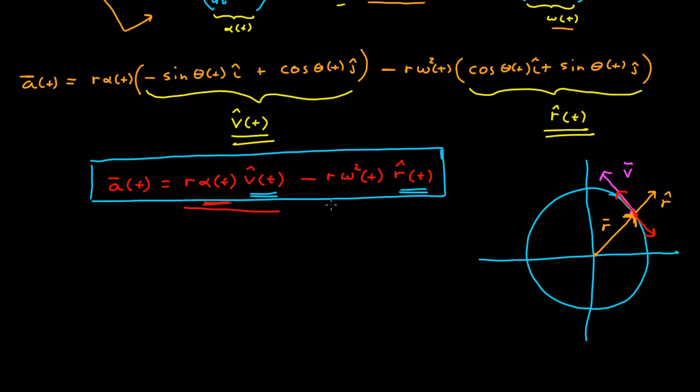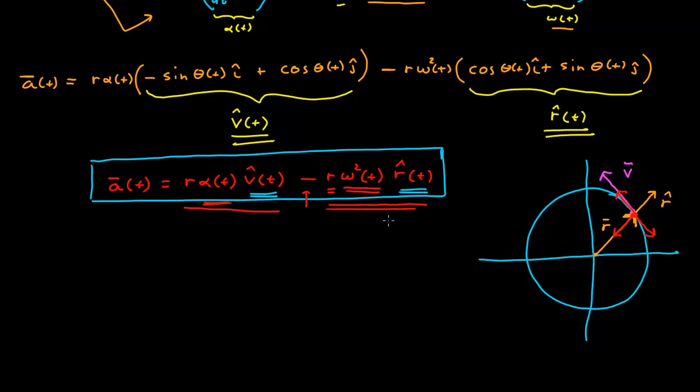But look at, for this part over here, r is the magnitude of the radius vector. It is always positive. Omega squared is always positive because it's squared. And so because of this minus sign, this term always points in the opposite direction of the radius vector.